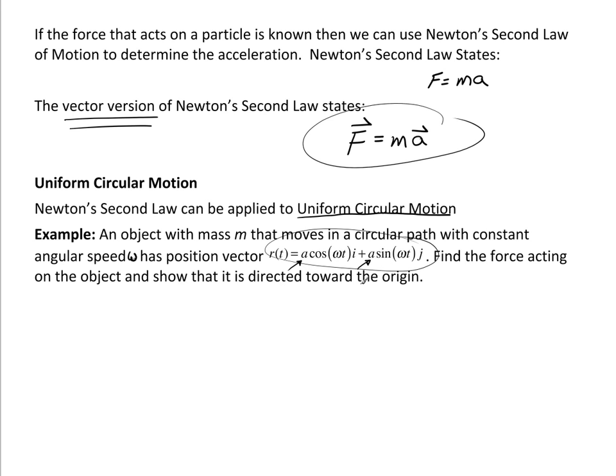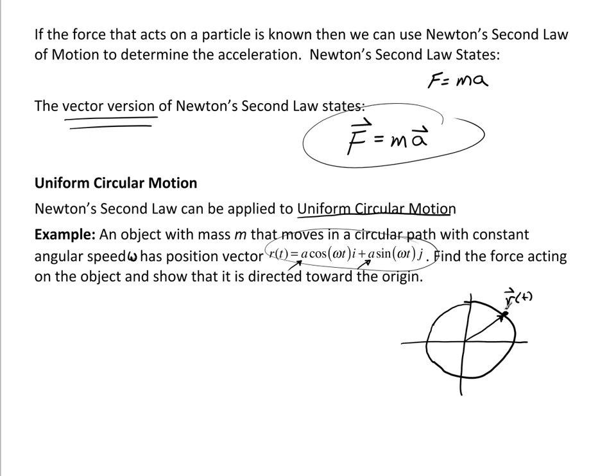What I want to do is find the force acting on the object and show that it's directed toward the origin. What does that mean? If I set up an axis system and I have a circle, and this particle is moving along the circle, hence uniform circular motion, then I'm going to have a position vector at any time t, which may look something like this.